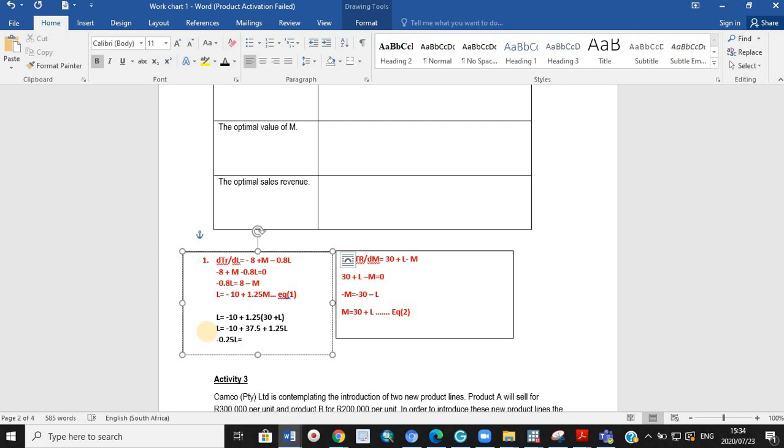Let me just confirm. 37.5 minus 10 is going to be equal to 27.5.